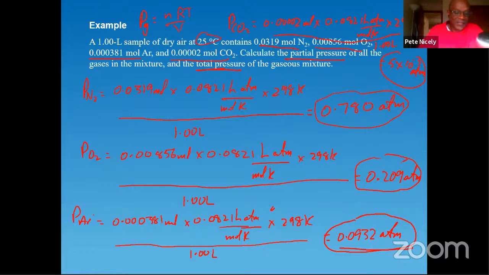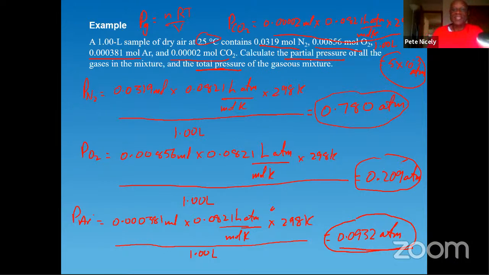5 times 10 to the minus 3 plus 0.780 plus 0.209 plus 0.0932. And in this case, we need to round off. Let me make sure I'm doing this right. I think I made a mistake when I was putting this in my calculator. 5 times 10 to the minus 3 plus 0.780 plus 0.209 plus 0.0932.